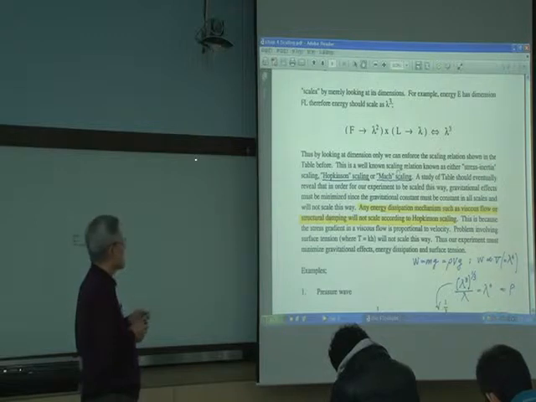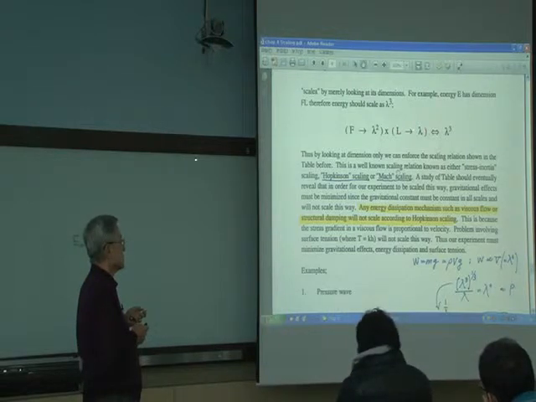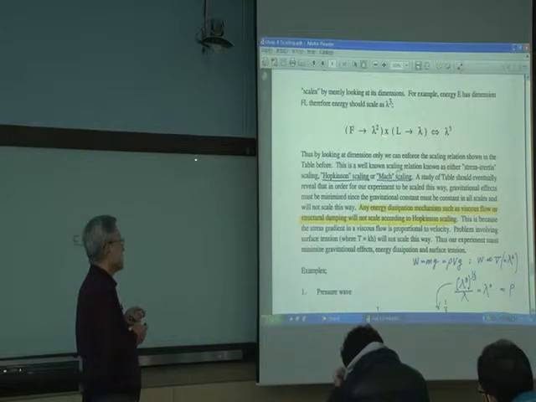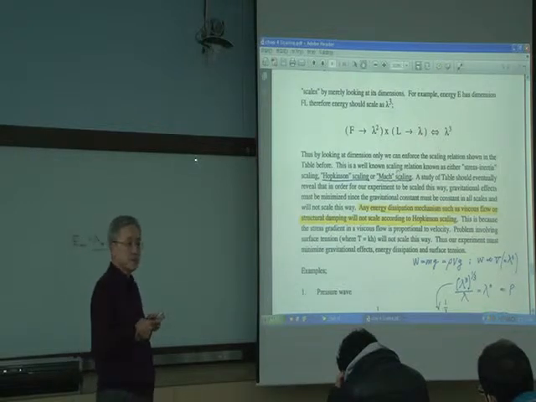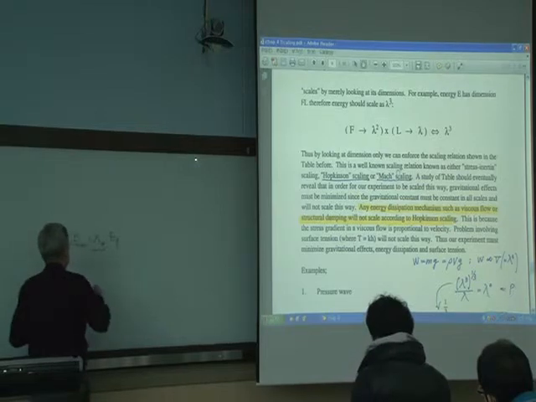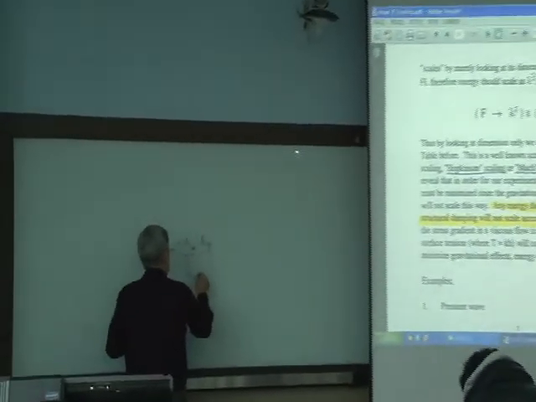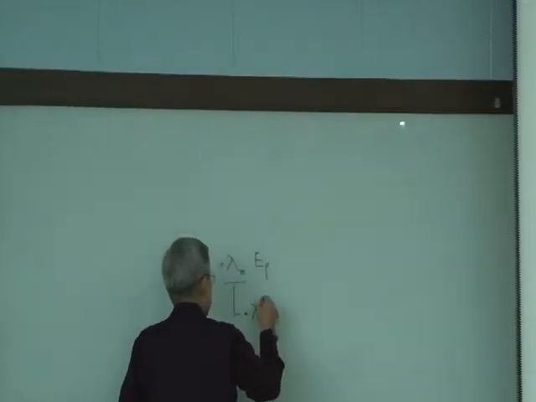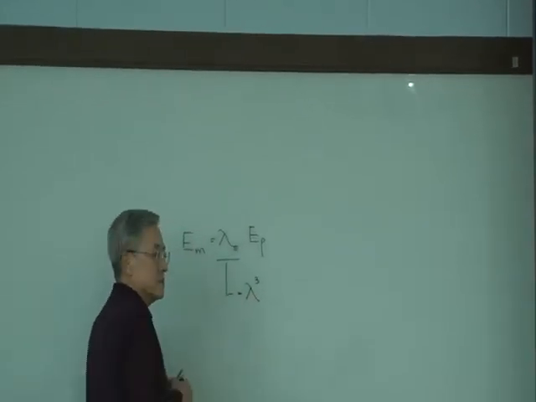So that's lambda squared, and the scale factor of L is of course lambda. So F times L is energy, so lambda squared times lambda is lambda cube. So the scaling factor for energy is equal to lambda cube, okay?